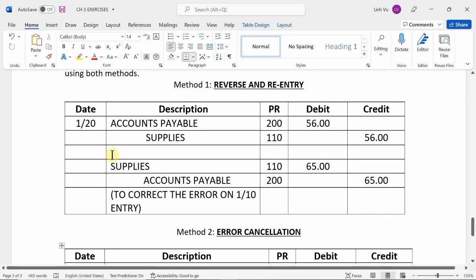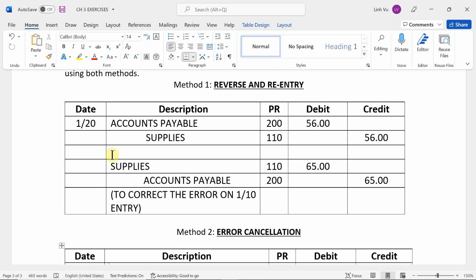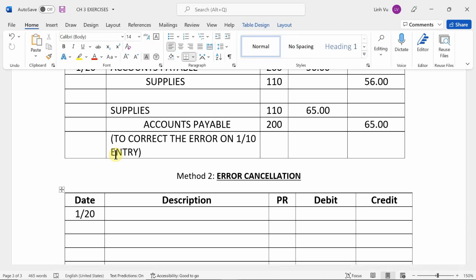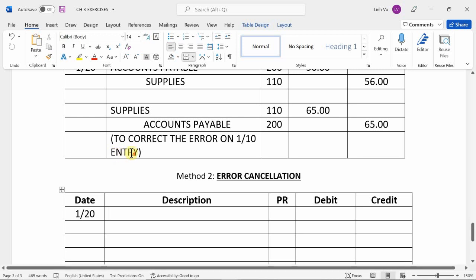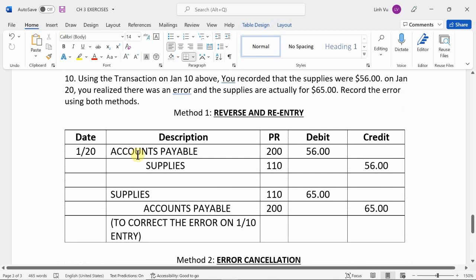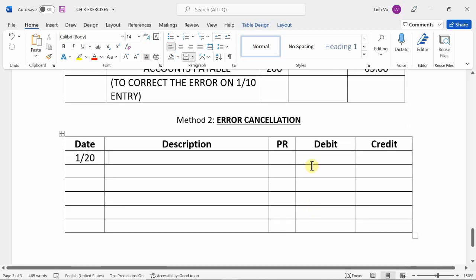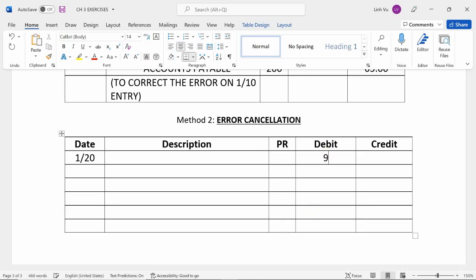What's the first step when we're looking at error cancellation? We are finding out the difference. Correct. In this case, it's supposed to be 65. What did I originally record it as? 56. So what's the difference between 56 and 65? $9. So that is it.